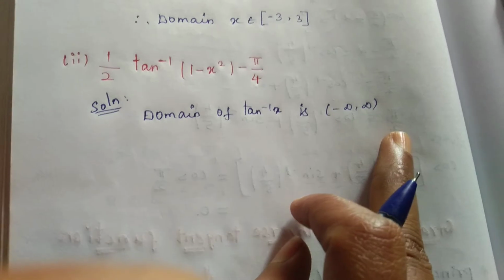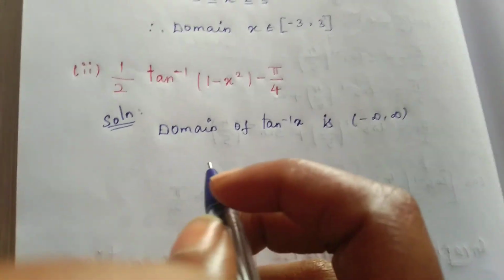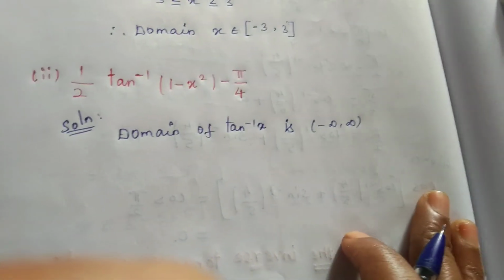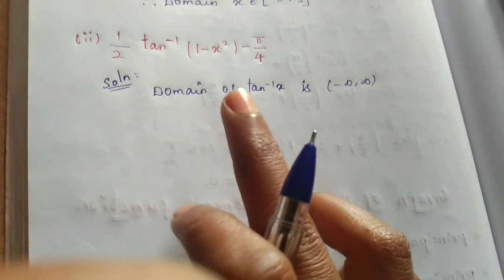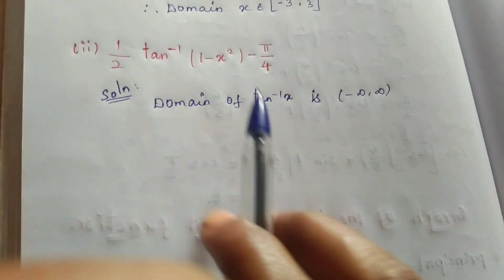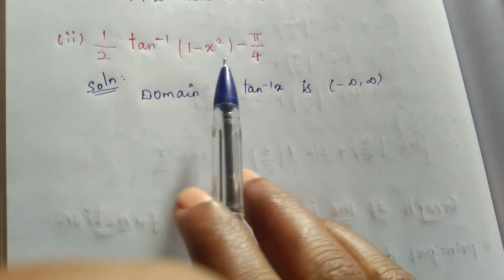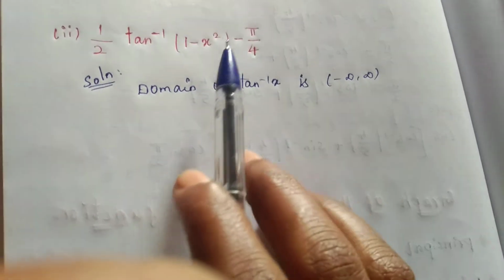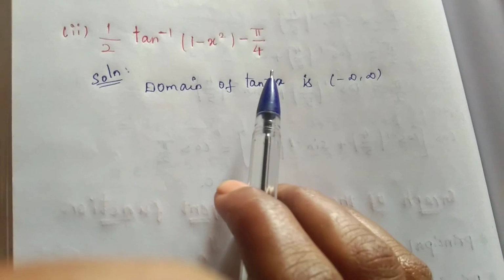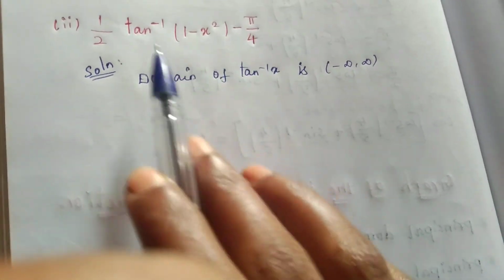This is the basic interval, and we can write the answer directly. Why? Because the value lies between minus pi by 2 and plus pi by 2. We get the answer for all x in tan inverse x. Here it is also minus pi by 4, so we write the value directly.